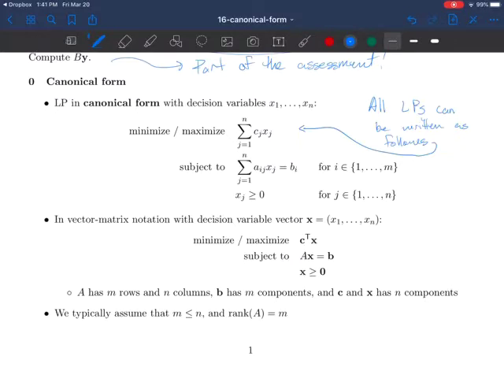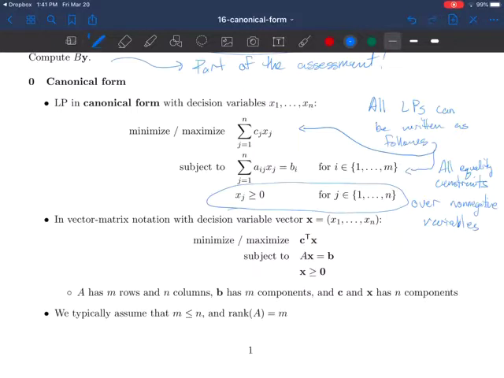You can see the objective is not any different, but all the complicated constraints are equality constraints. And by that, I mean the only not complicated constraints are these ones, so it's over non-negative variables.